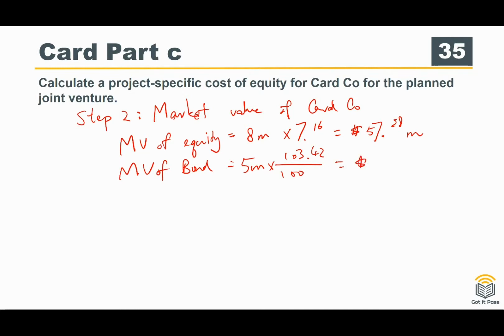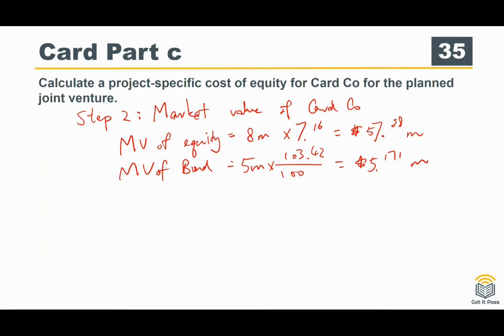So you can find the market value of the bond is 5.171. That is the second step, to find out the market value of Card company.